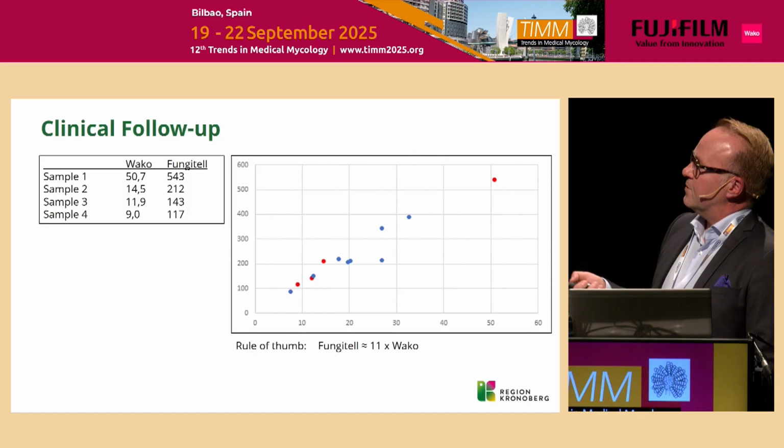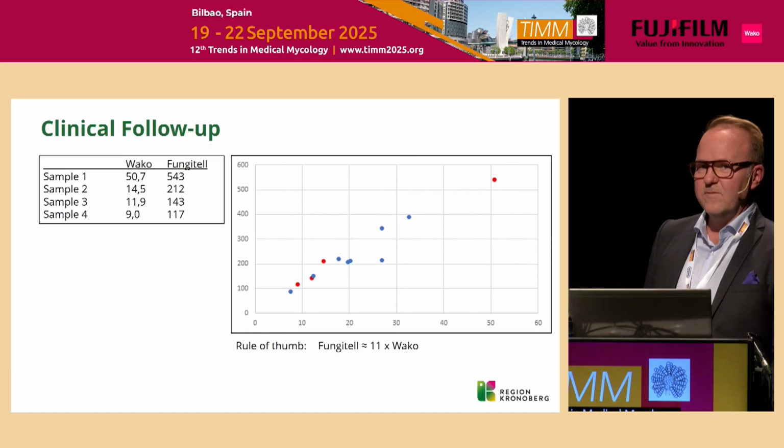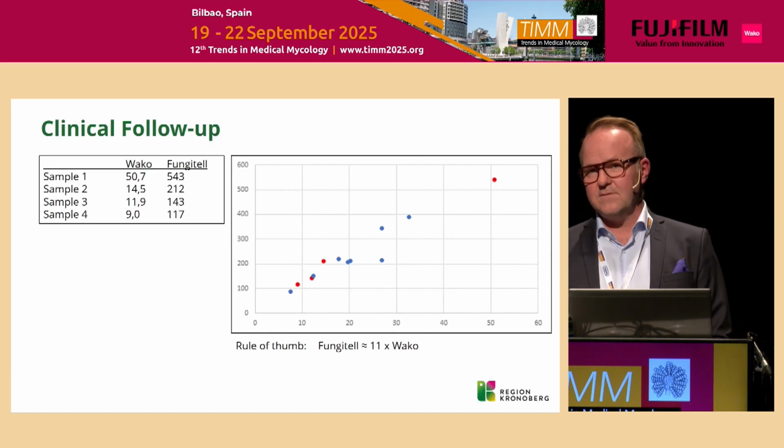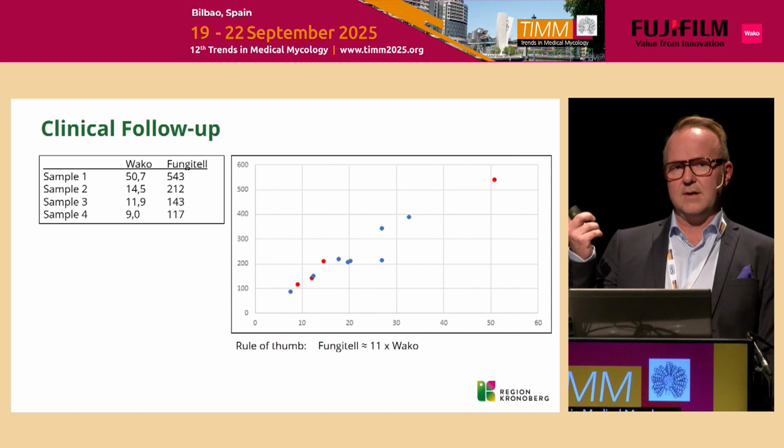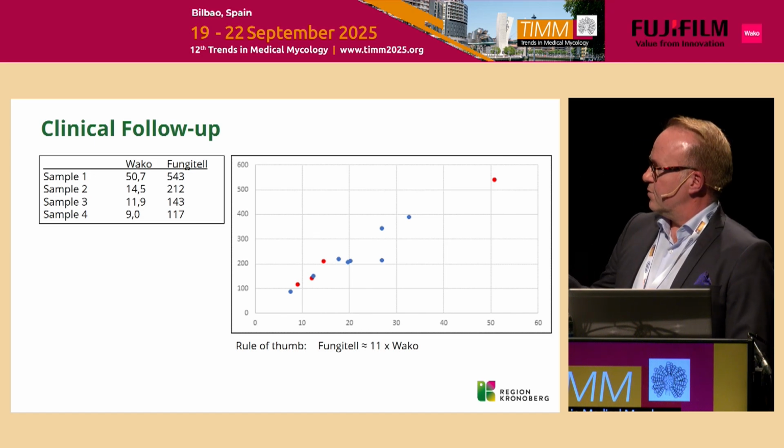And so our clinicians decided on this rule of thumb that the Fungitel value is approximately 11 times the WACO value. This, of course, is not valid for each and every sample, but as a rule of thumb. However, this is quite different from the papers I cited.